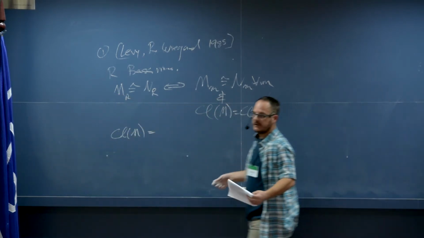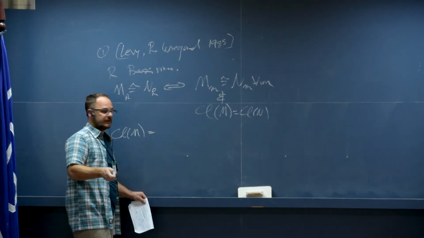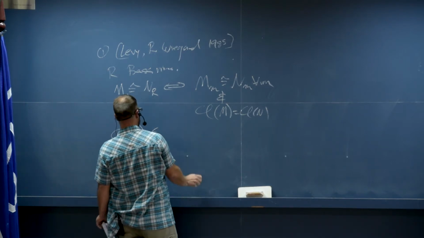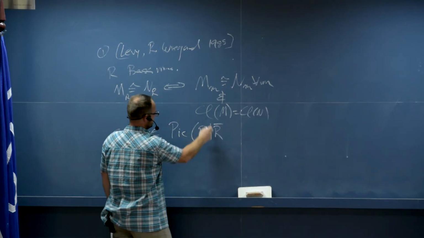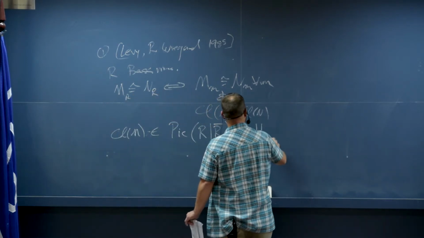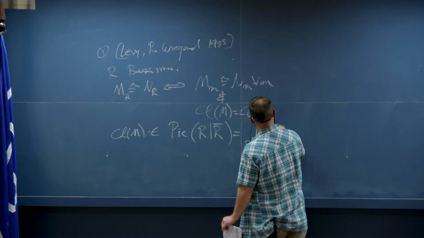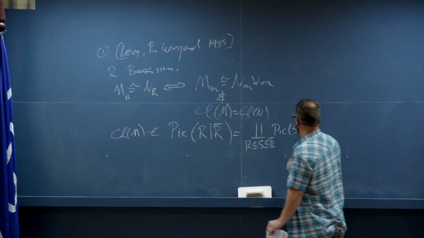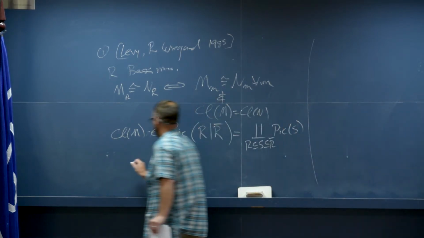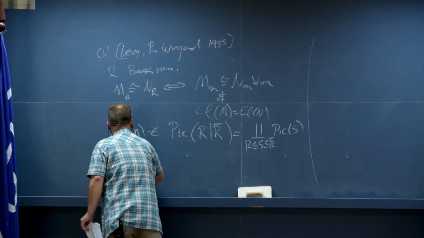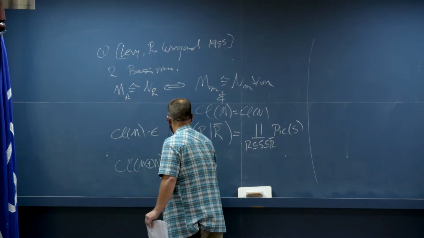And if you have an unfaithful module, then you have to go up to a larger ring between the ring R and its integral closure. So this is an element of what they call the Picard group of R bar, which is a disjoint union of the Picard groups of the over-rings of R. And it behaves nicely with the direct sum, which is very convenient.